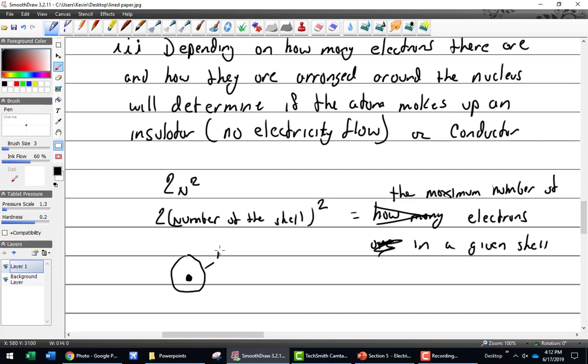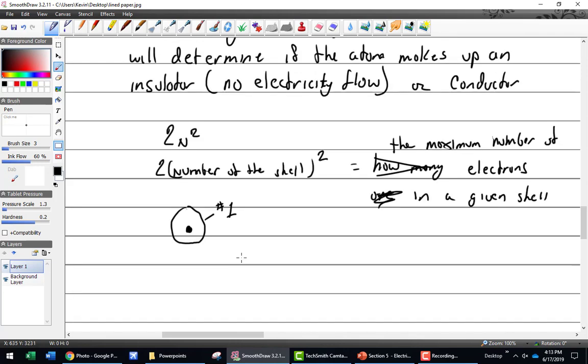Okay, so that's shell number 1. Now I'm going to ask you, what is the highest number of electrons we can have in that? All right, so now we're going to do the formula. 2, n is what number? Times 1 squared is what that is.